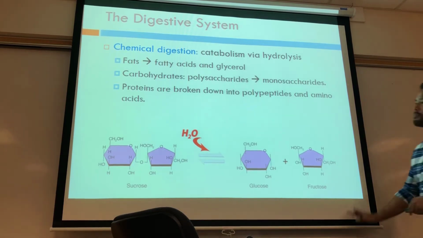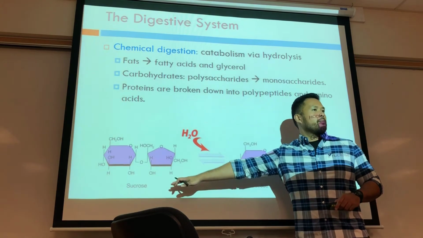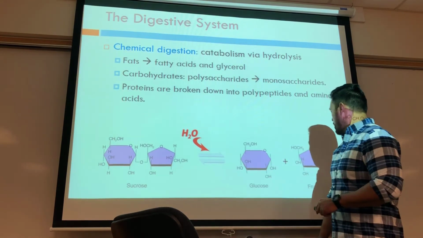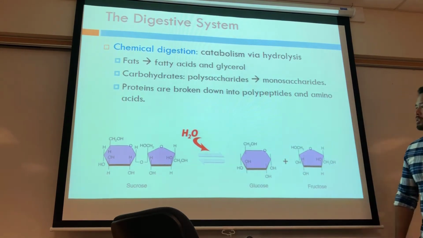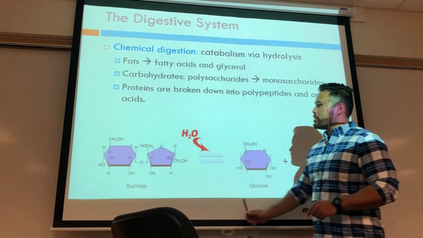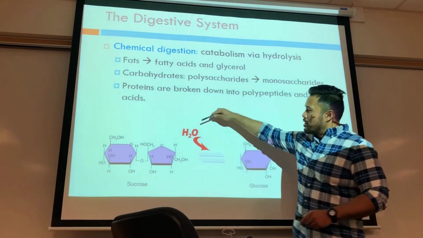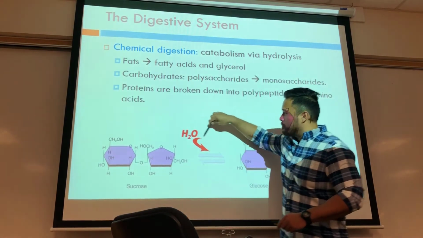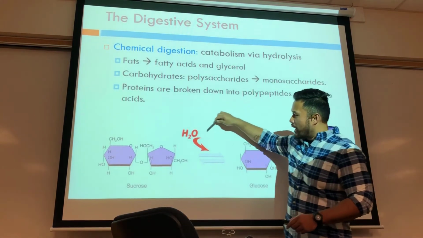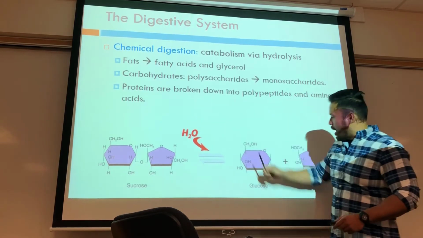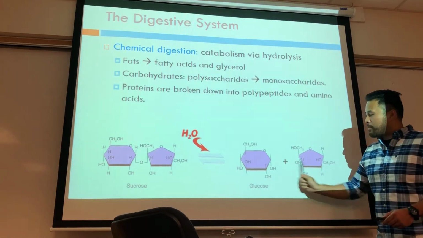Best case example you can see at the bottom is table sugar, which is going to be one glucose and one fructose saccharide. These two monosaccharides that are linked together by a glycosidic bond get broken up. You have water in that process. Water comes in for hydrolysis, and that will break apart that glycosidic bond.